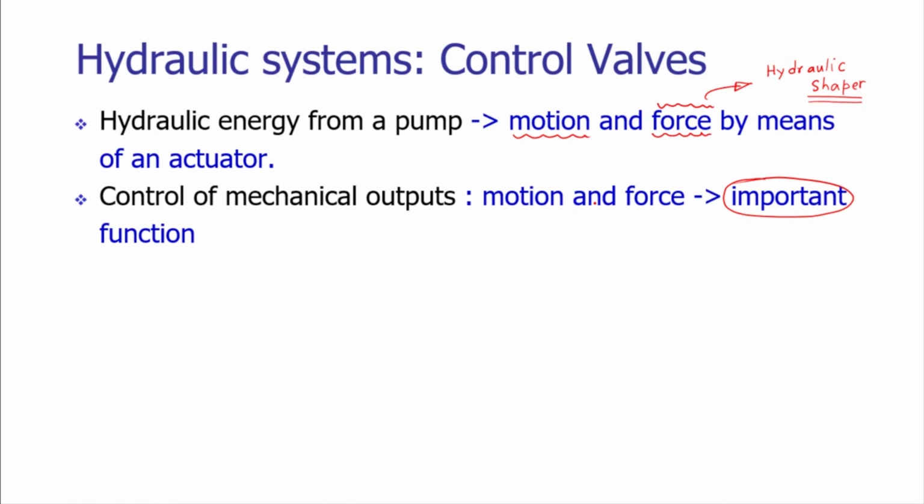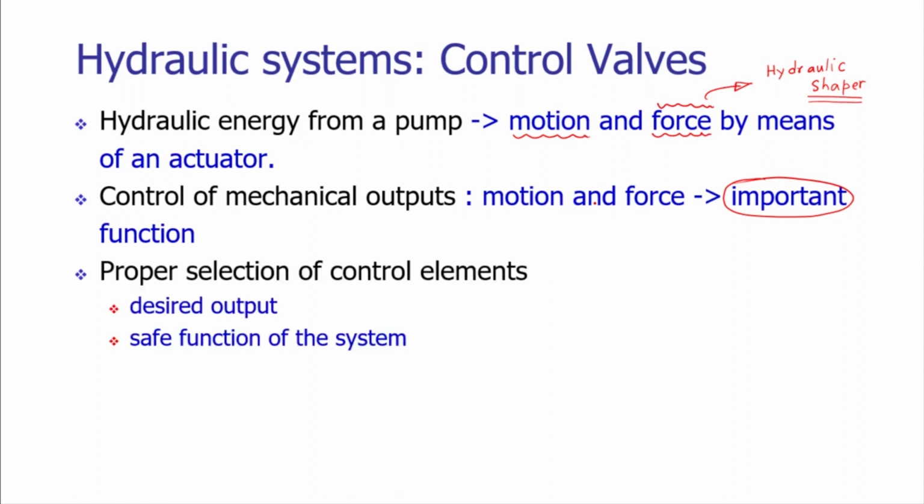For that purpose we need certain elements, and these elements are nothing but the control elements. These control elements are essential to be properly selected to generate the desired output, and they should provide a safer or protected working environment for the user or the operator.